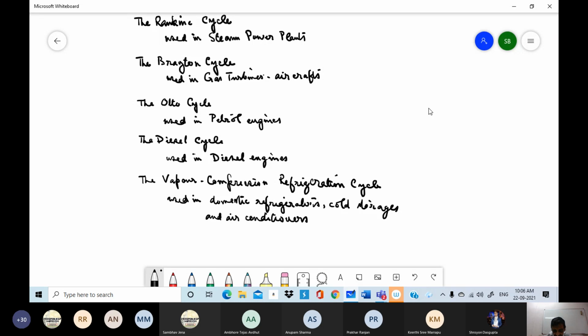So these are the essential cycles which you need to study.